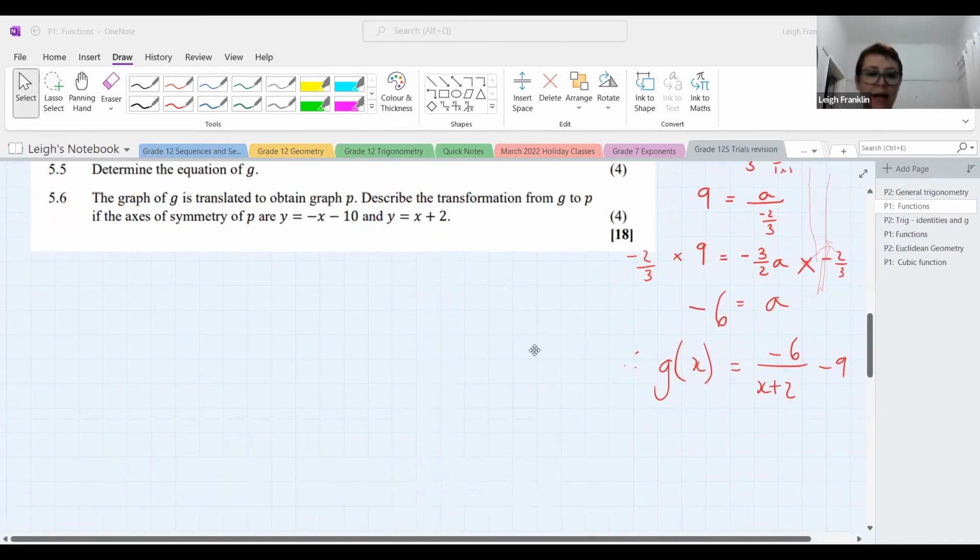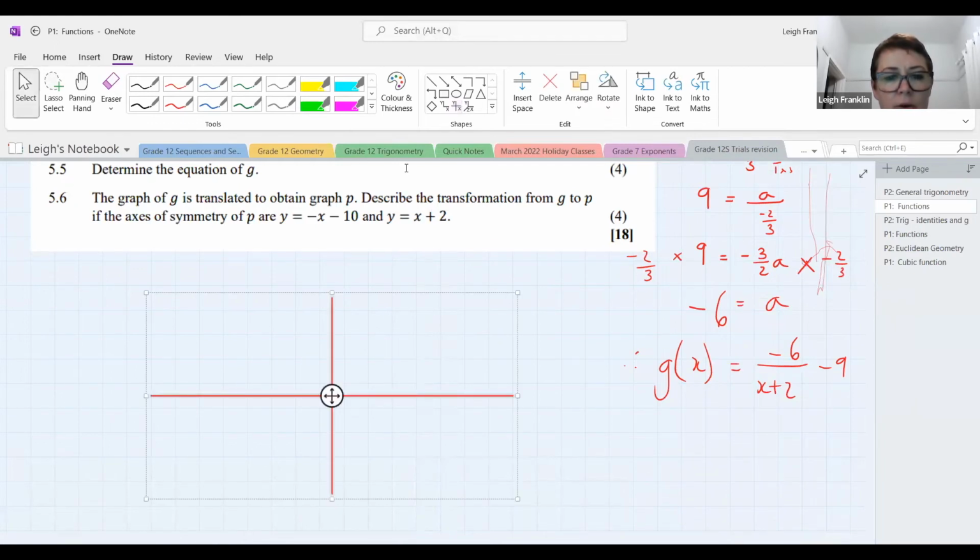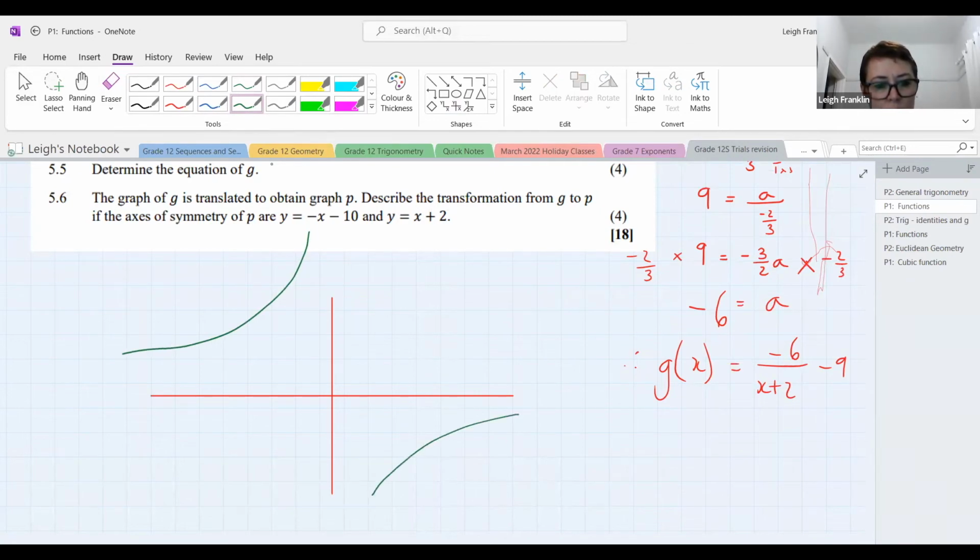Okay, so the idea is, all right, if I can just quickly draw a system of axes here for us. If our graph is sketched in this quadrant here and this quadrant over here, we have an axis of symmetry that has a positive gradient.